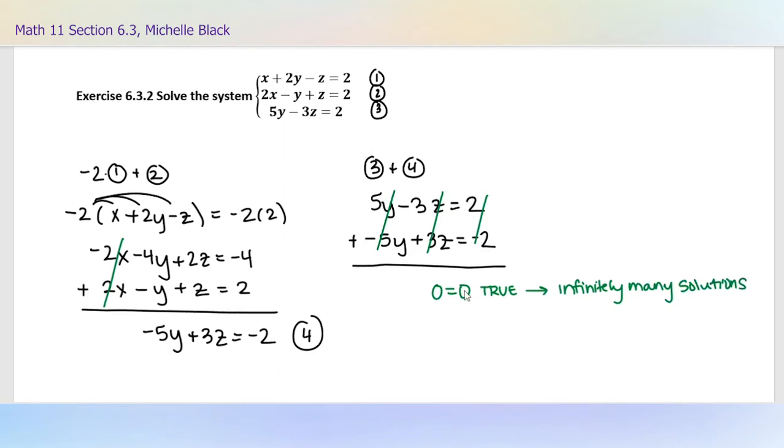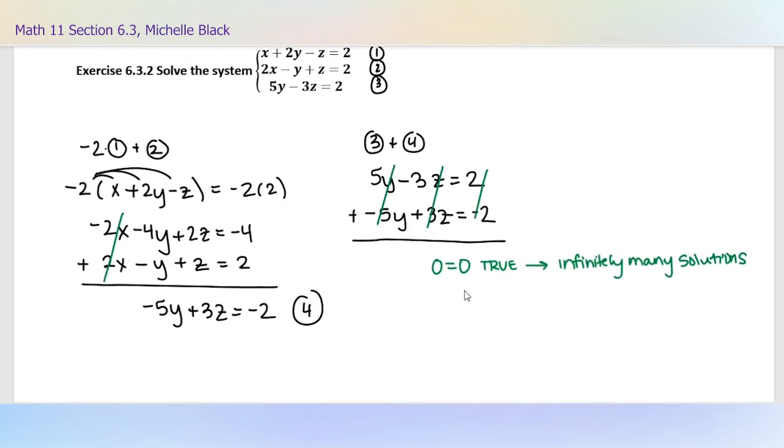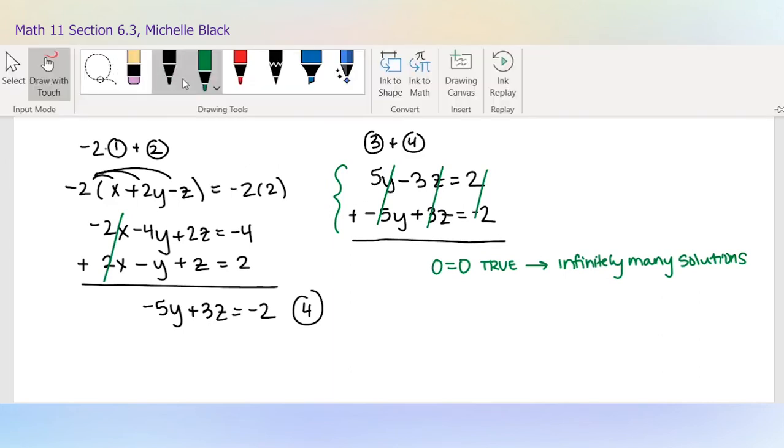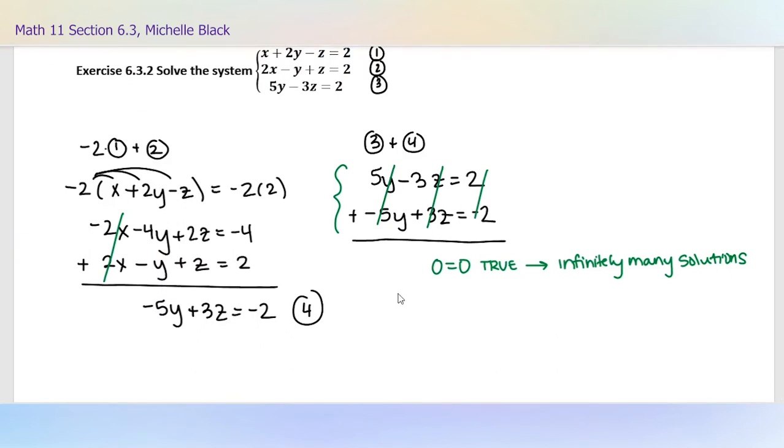And when we were writing down how to solve these systems, we said that if you get back infinitely many solutions in this smaller system that you created, then you want to solve one of your variables in terms of the other. What that means is I'm going to take one of my equations. So let's just take equation 3, which is 5y minus 3z equals 2.